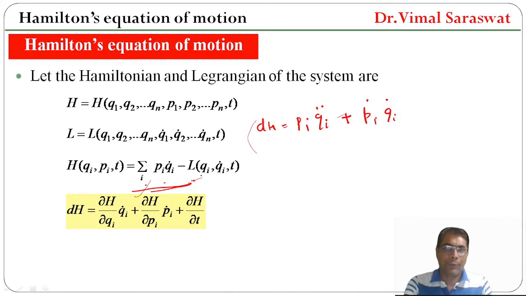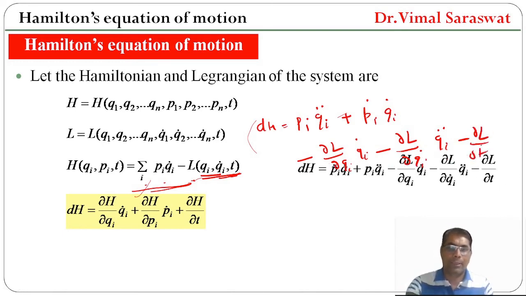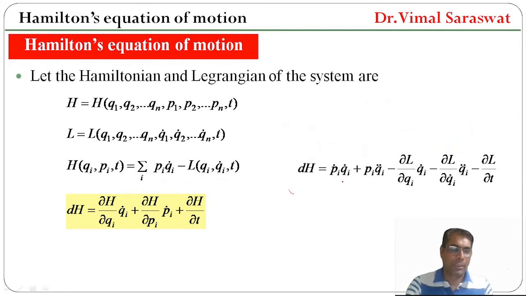Now L is a function of qi, qi dot and t, so its differential will be minus del L upon del qi into qi dot minus del L upon del qi dot into qi double dot minus del L upon del t. So dH is equal to pi dot qi dot plus pi qi double dot minus del L upon del qi into qi dot minus del L upon del qi dot into qi double dot minus del L upon del t.